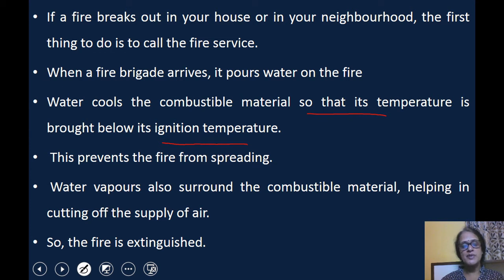So what is the purpose of spraying water? There are two purposes. First purpose is that water cools the combustible material. So what will happen? Its temperature is brought below its ignition temperature. When the temperature is brought below its ignition temperature, it will prevent fire from spreading. That is the first condition.